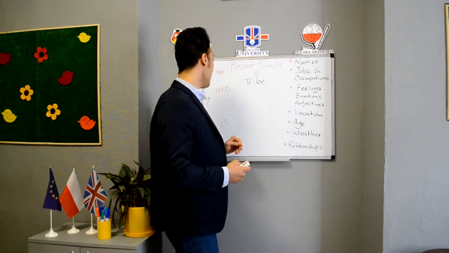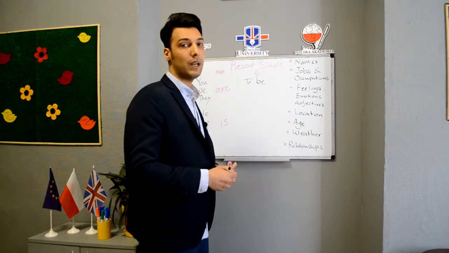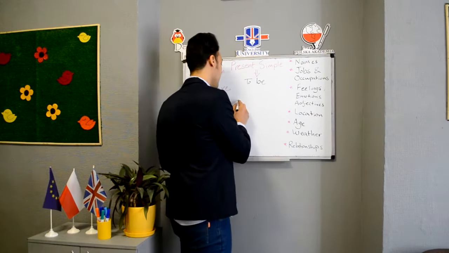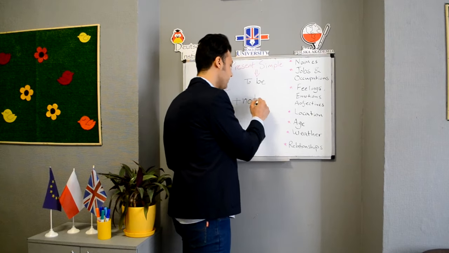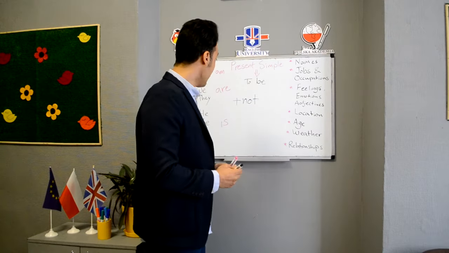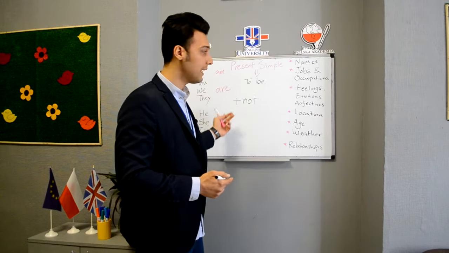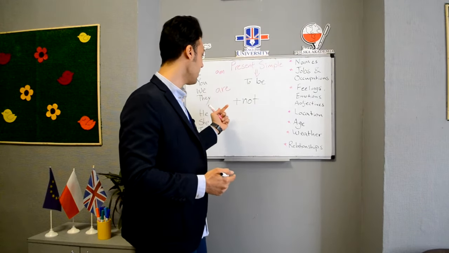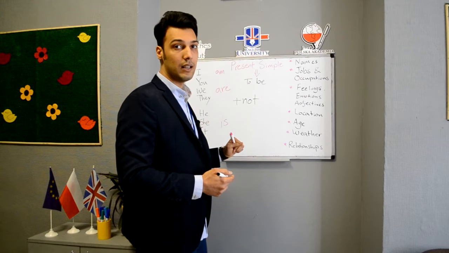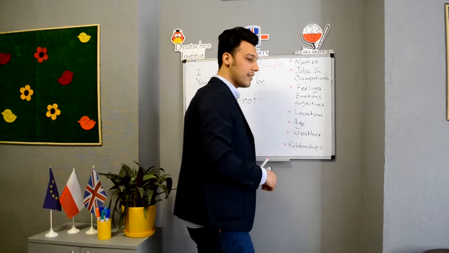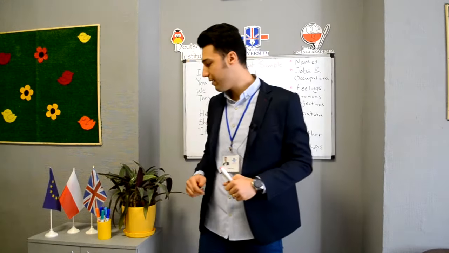For making a negative sentence, we simply add the word not to the verbs be: am not, are not, is not. Okay, let me just write the contraction forms of these things. But I cannot find the duster. Where is the duster?